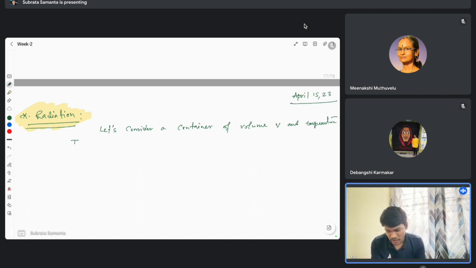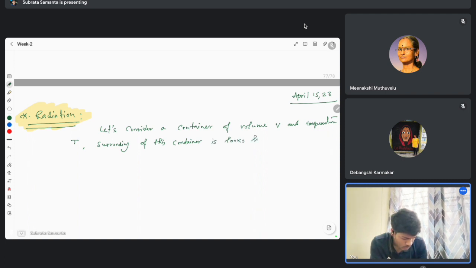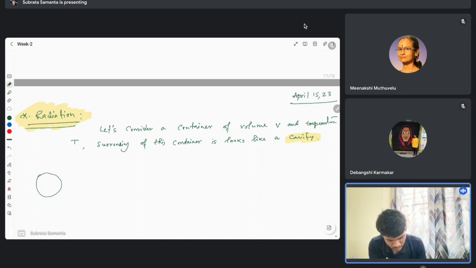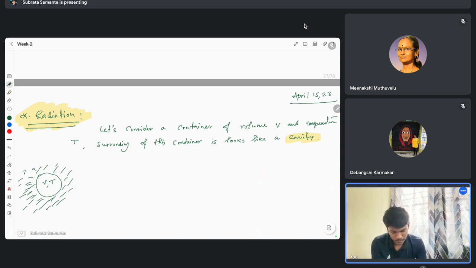The surrounding of this container looks like a cavity. So suppose we have a container of volume V held at temperature T, kept in the surroundings. In those surroundings, this container looks like a cavity, and the container temperature is the cavity temperature.